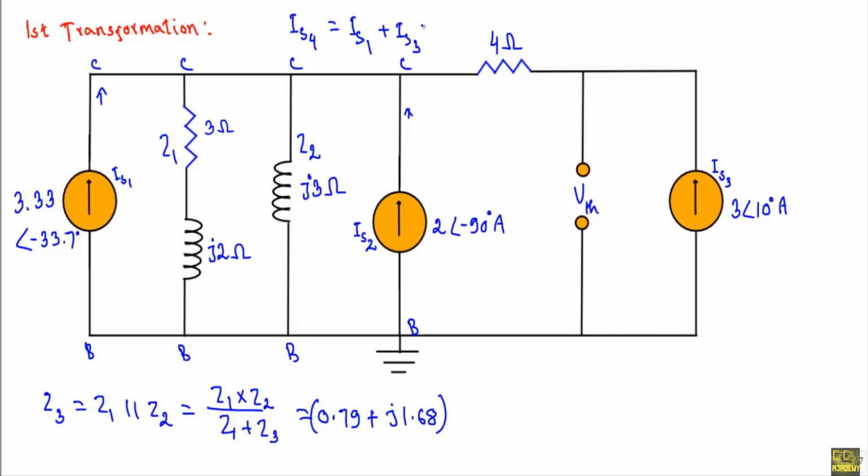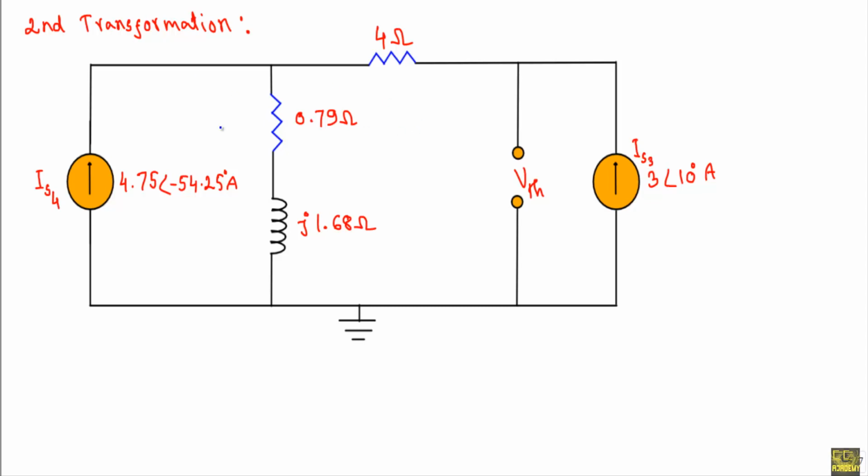This will be equal to 4.75 with phase angle minus 54.25 degree ampere. So if I replace the current sources with a single current source IS4 and the impedances with a single impedance Z3, I will get the second transformation of the circuit. This will be our circuit.